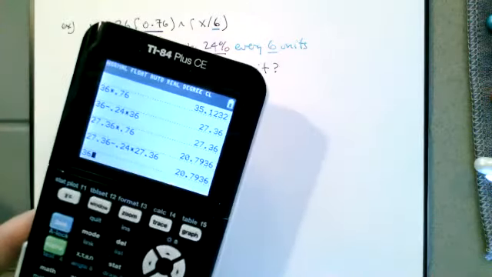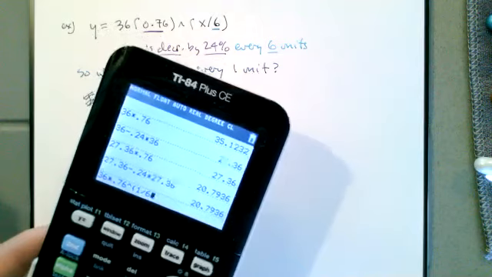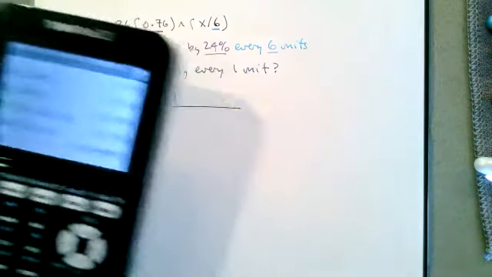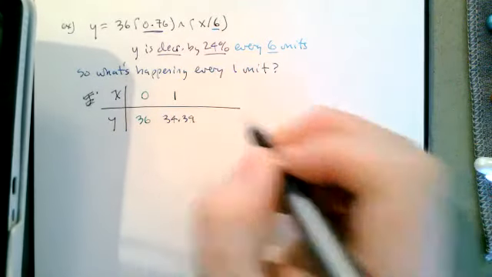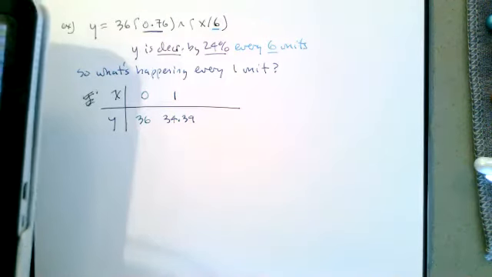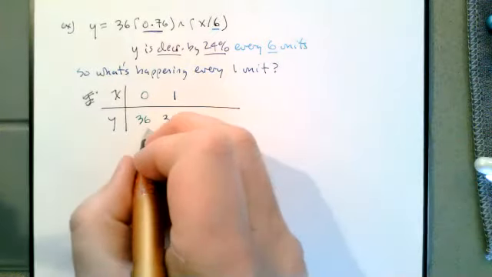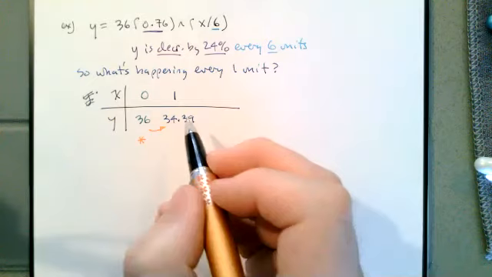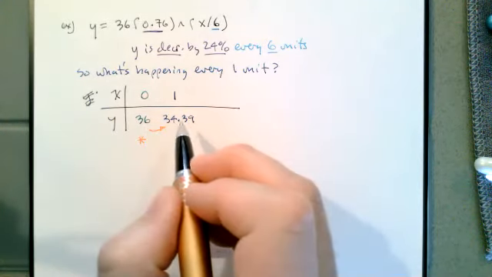If I take 36 and multiply by 0.76 to the 1 over 6, after 1 unit, we'll be at 34.39. And if we want to figure out what we multiplied by, we just take the 34.39 and divide by the 36, and that'll tell us how we multiply 36 into 34.39.